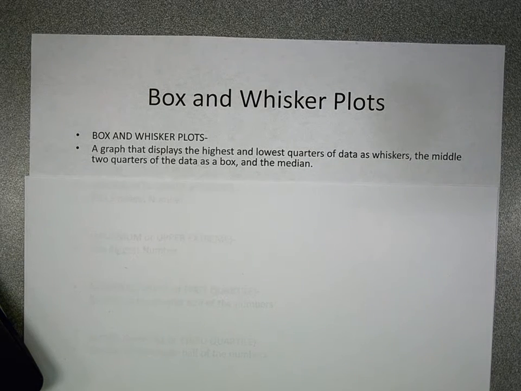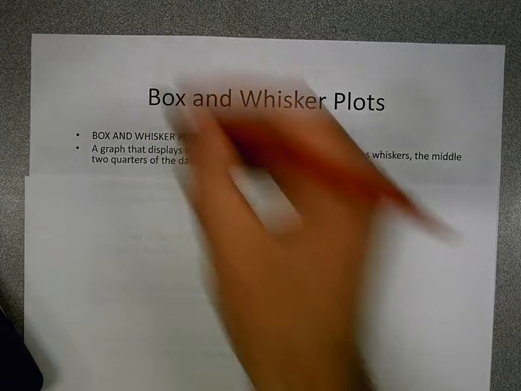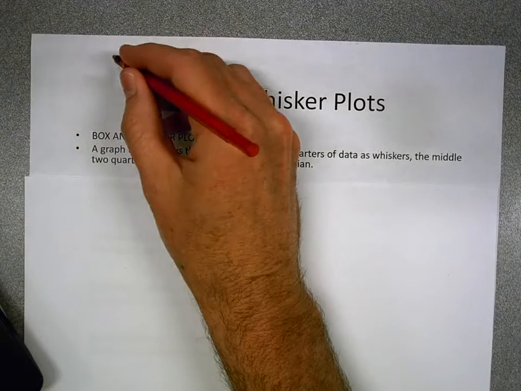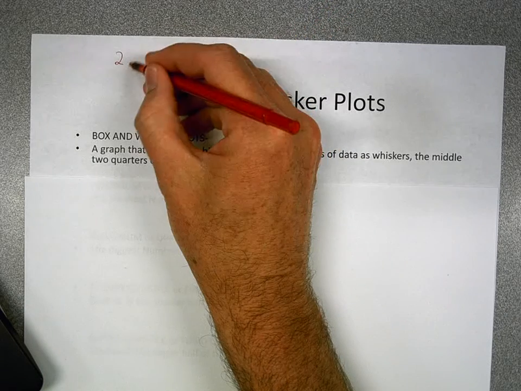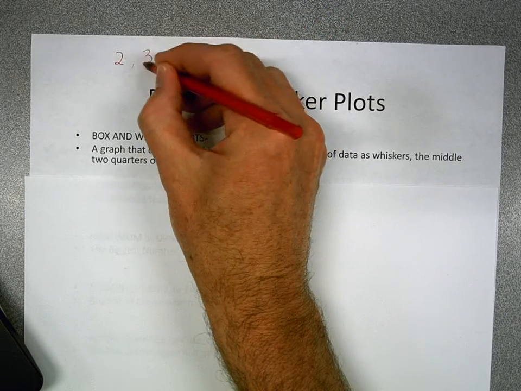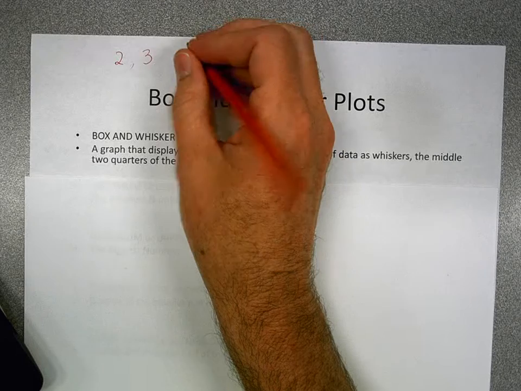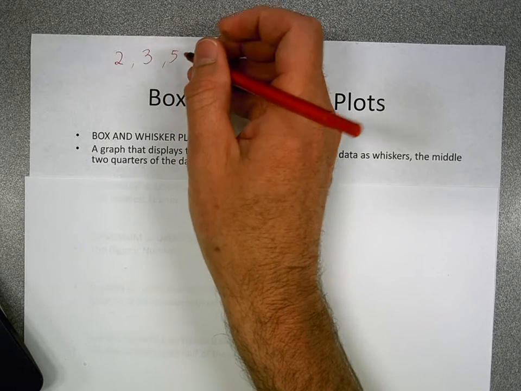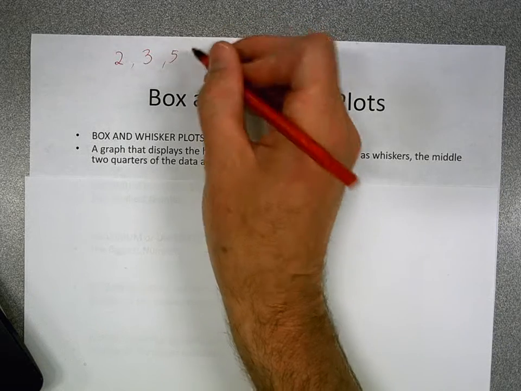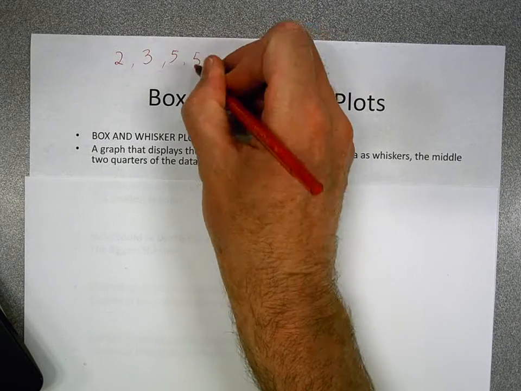All right. So we have the first person ordered 2 songs last month. The next person ordered 3 songs. The next person ordered 5 songs. The next person ordered 5 songs.